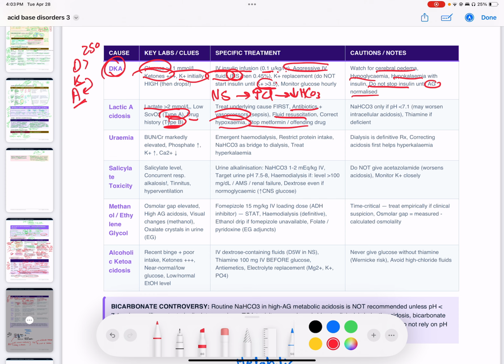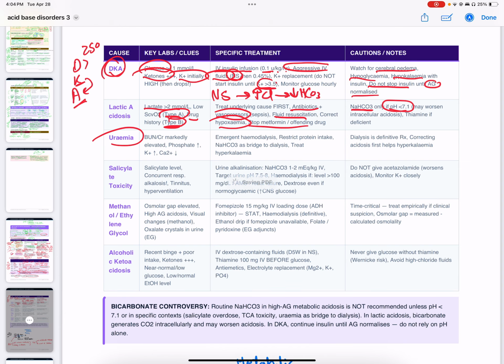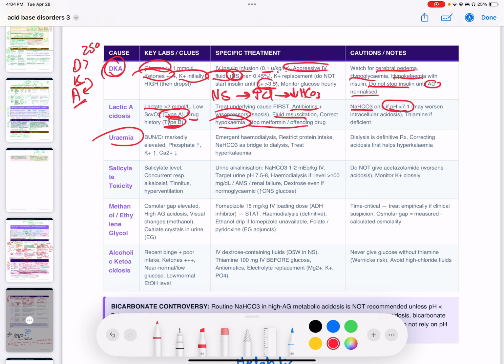And usually we don't give bicarb unless the pH is severely low, usually below 7.1, because that severe acidosis can cause tissue hypoxia, can cause even cardiac arrest. After that, uremia. Remember when we talked about the RTA?